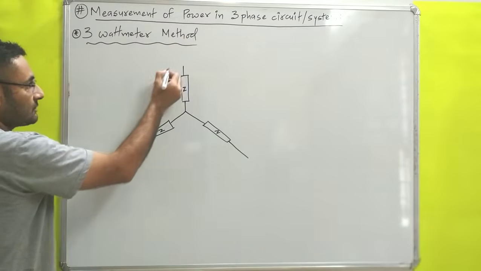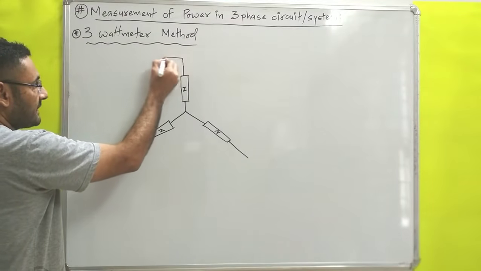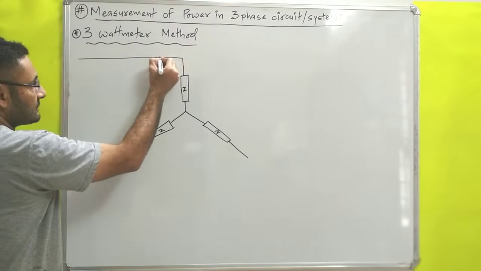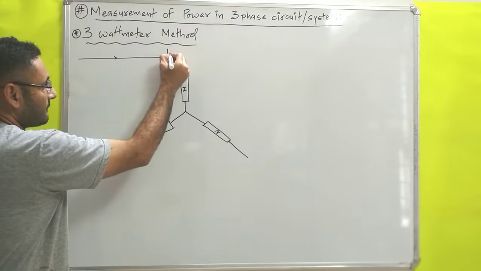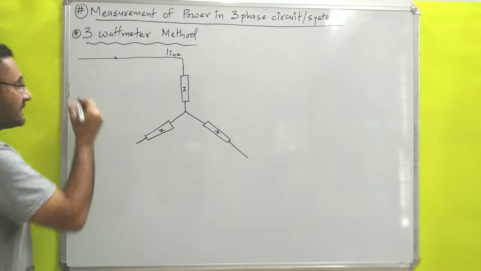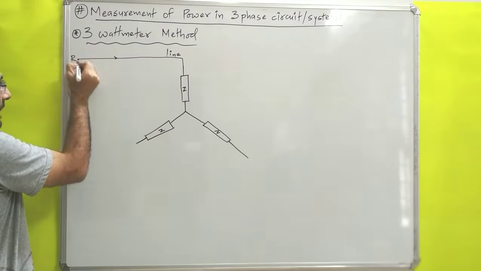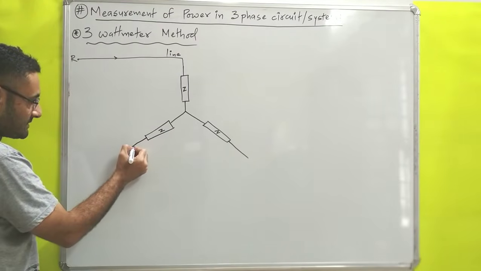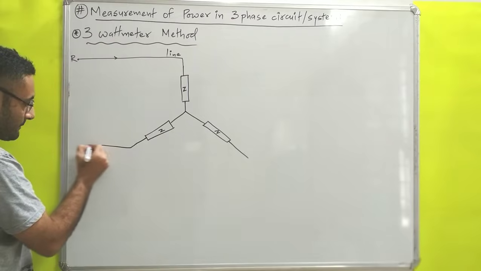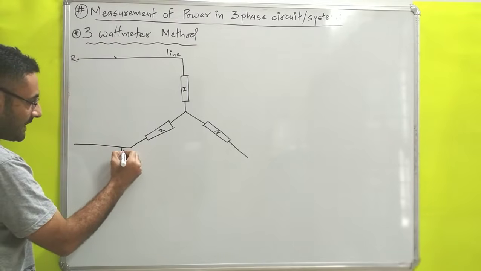Now to the first load, current is supplied with the help of one line conductor. That is your line from the R phase. Similarly, to the second load, current is supplied with the help of a line conductor.